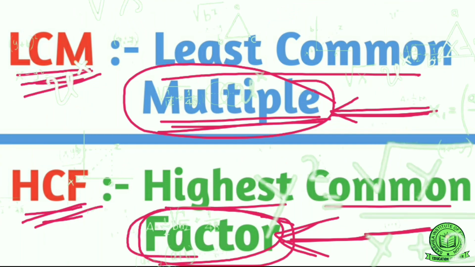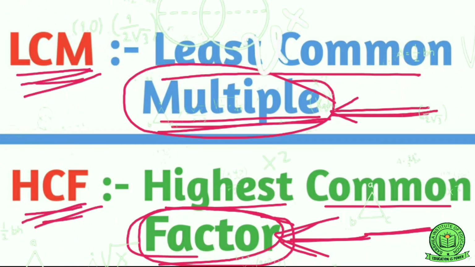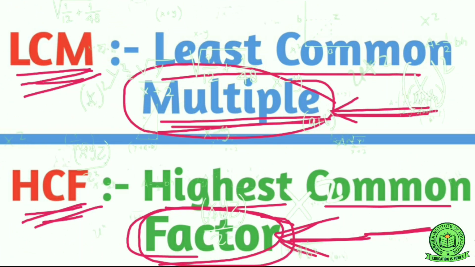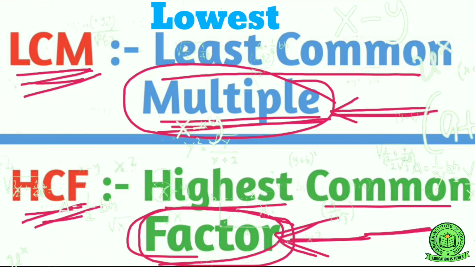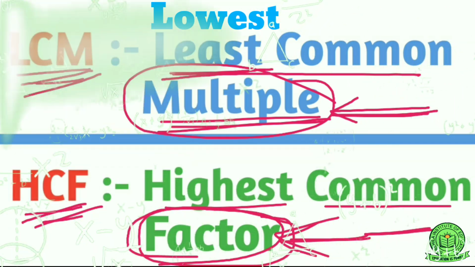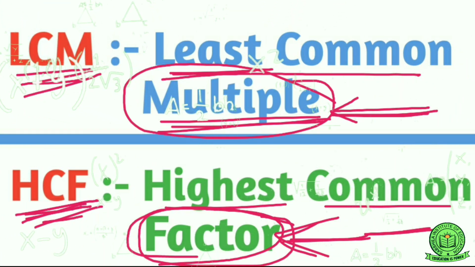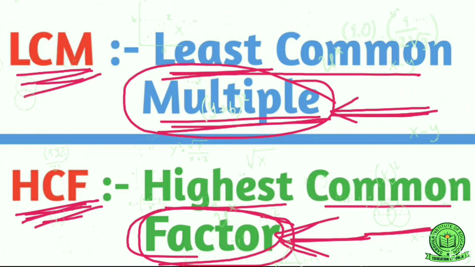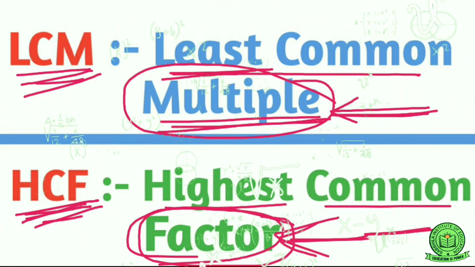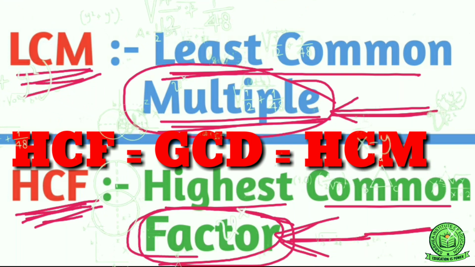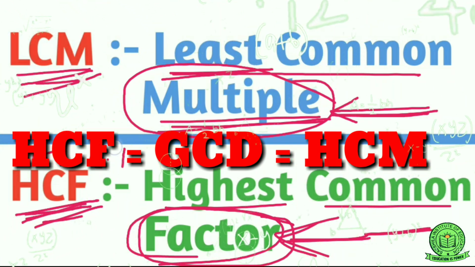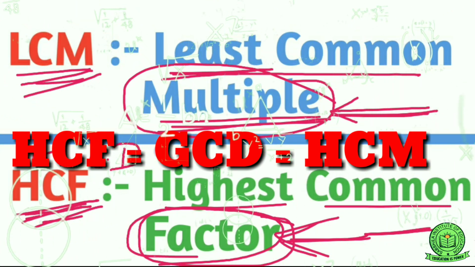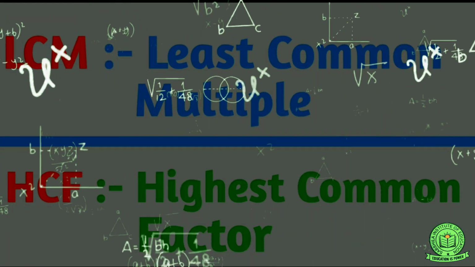I want to tell you one more thing: the full form of LCM is least common multiple, which is also called lowest common multiple. And HCF, that means highest common factor, is sometimes called GCD.